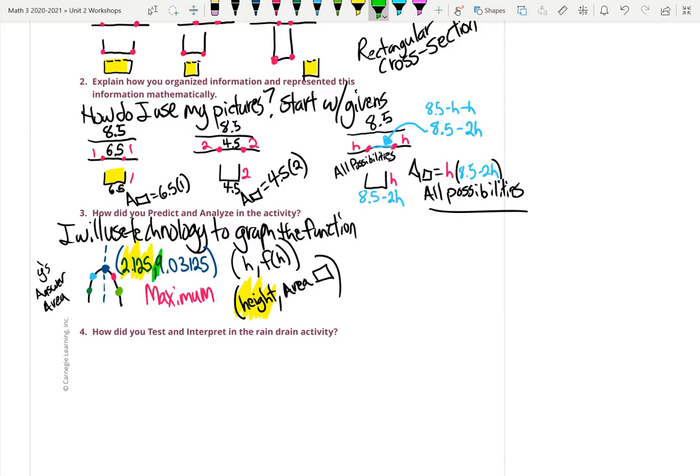What is 9.03125? My area. So these points aren't just numbers anymore. They're representations of 1,000 different situations. Think of this as your crystal ball, and you're looking at it with your eyes and you're trying to see into the future. And instead of having to do a bunch of area problems, you're able to look at it visually and identify the best situation on a dime.